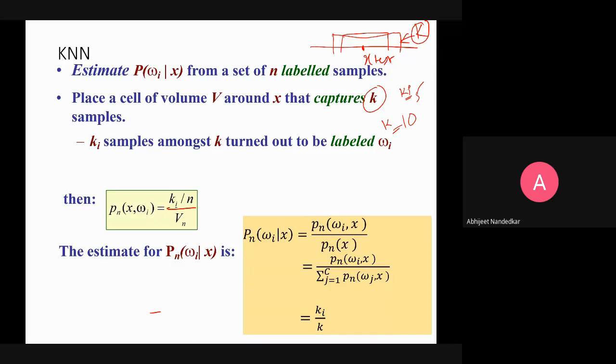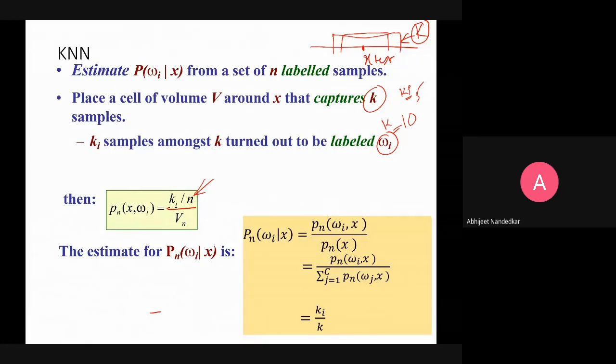So Ki samples amongst K turned out to be labeled omega I. Then the joint probability of X and omega I, now see carefully, that means the X value that I am interested in and omega I, is equal to Ki, that is the number of samples belonging to omega I, divided by n divided by volume. So this is as usual from our previous estimation.